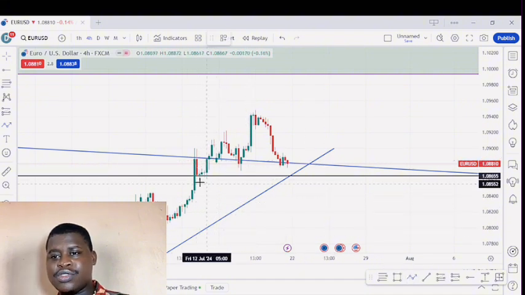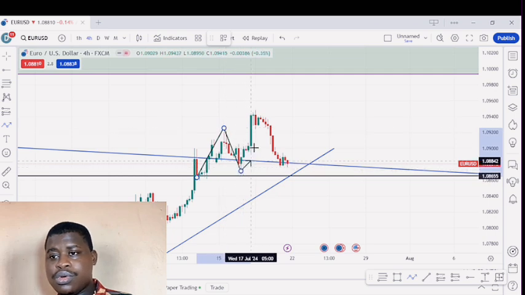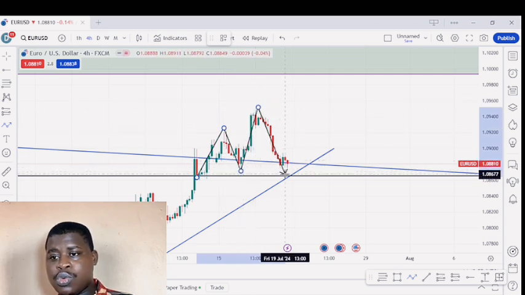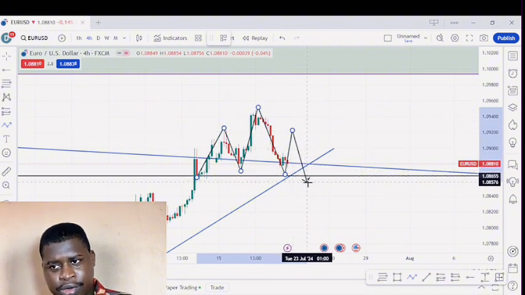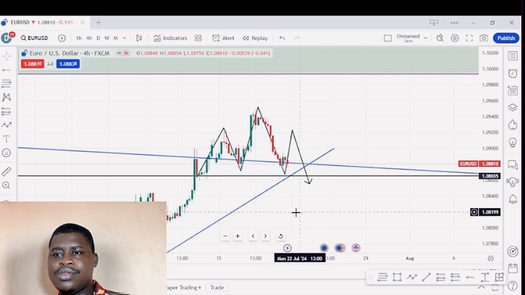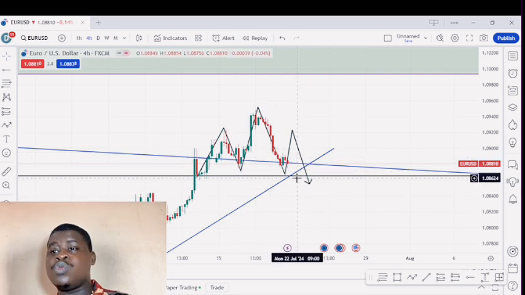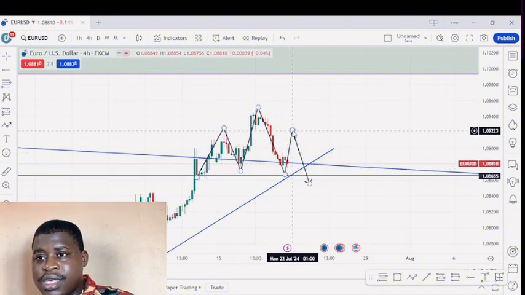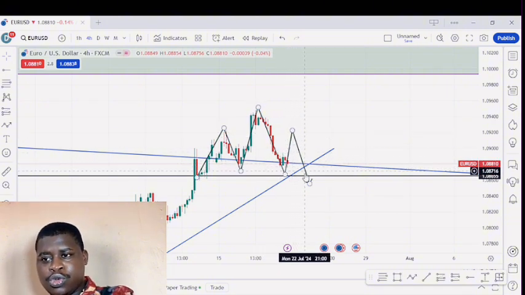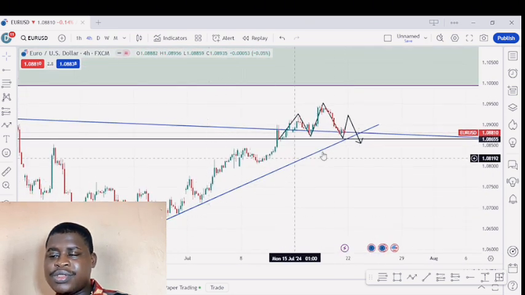If the market decides what it wants to do, we have to wait and see if the market wants to make another high here and come down. This will be decided by the market, so we have to wait to see if the market wants to come down here, you understand, and reverse back to break out this trend line.